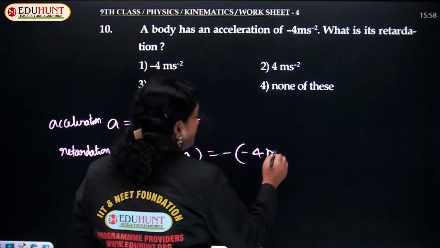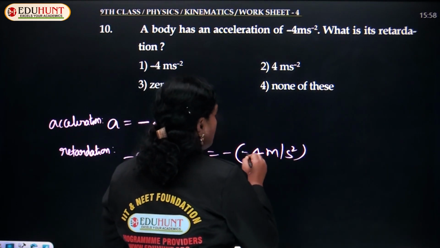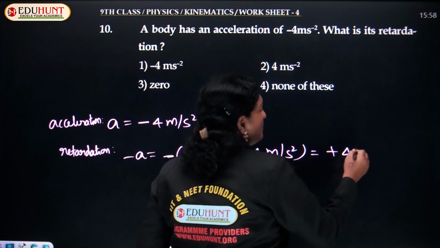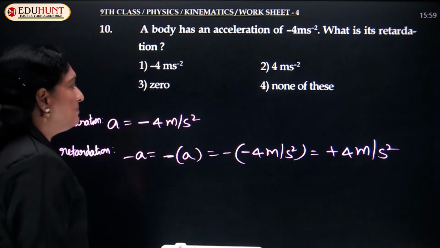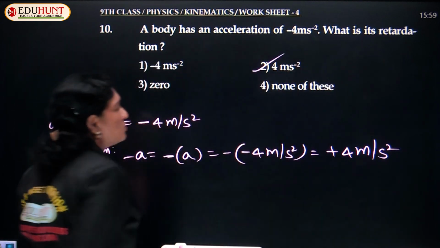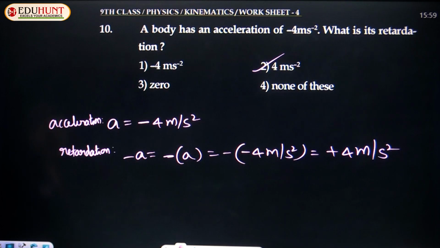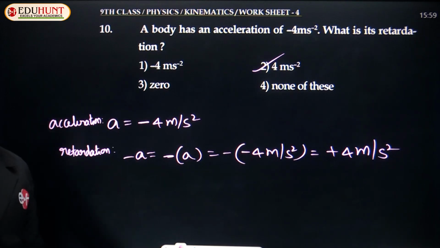Minus 4 meter per second square. And minus becomes plus 4 meter per second square. So plus 4, or simply 4, you can write. Therefore, the correct option is the second option, that is 4 meter per second square.